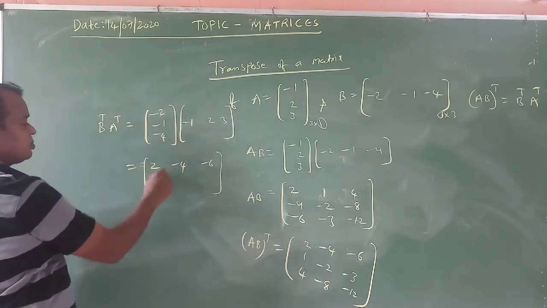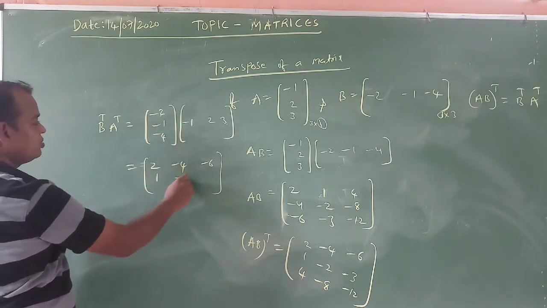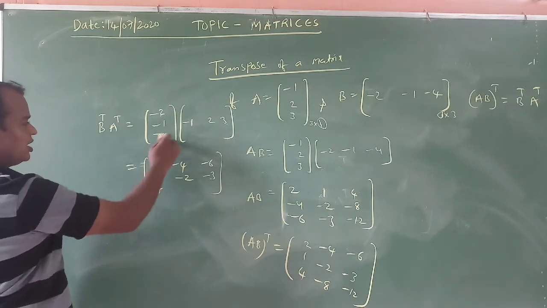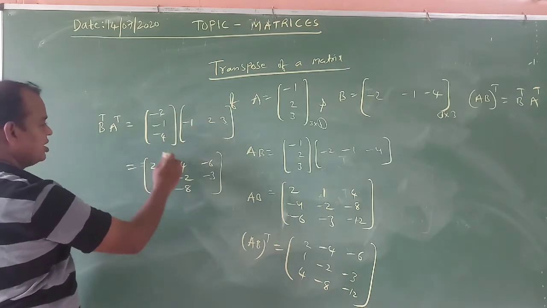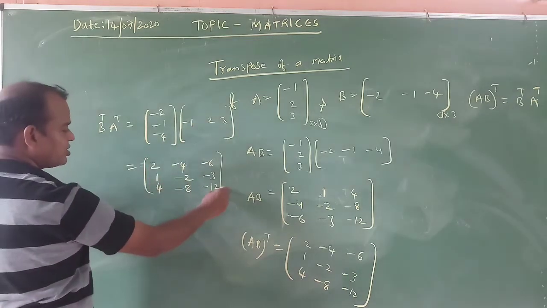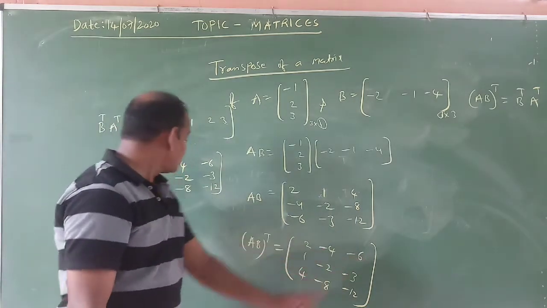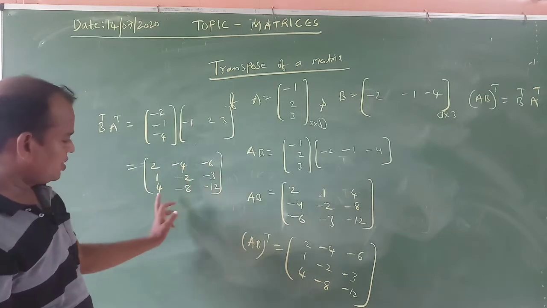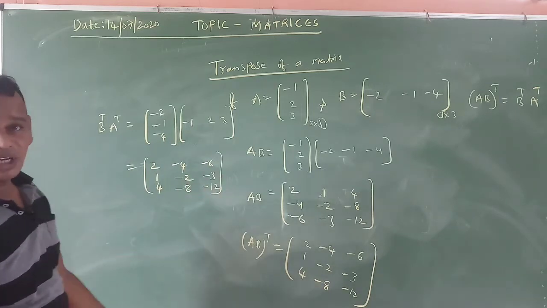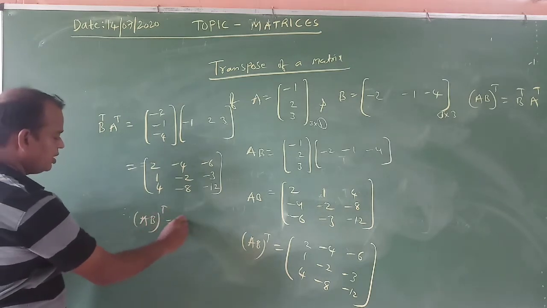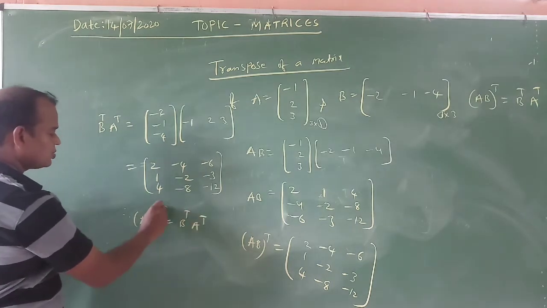Next, -1 into -1 is 1, -1 into 2 is -2, -1 into 3 is -3. -4 into -1 is 4, -4 into 2 is -8, -4 into 3 is -12. Now observe that these two matrices, 2 -4 -6, 1 -2 -3, 4 -8 -12, are both equal. Therefore, AB whole transpose is equal to B transpose into A transpose.